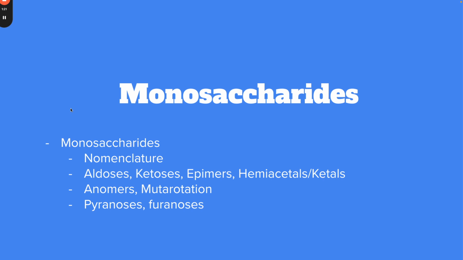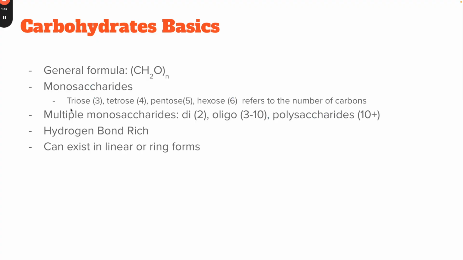All right, so monosaccharides. I'm going to go into nomenclature. We have aldoses, ketoses, epimers, hemiacetals, ketals, anomers, mutarotation, and then pyranoses and furanoses. The general formula is (CH2O)n, so I'm sure y'all can figure that out. Then we have trioses, tetroses, pentoses, and hexoses, which refers to the number of carbons in the sugar.